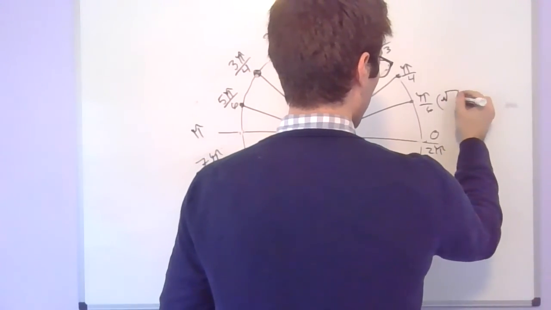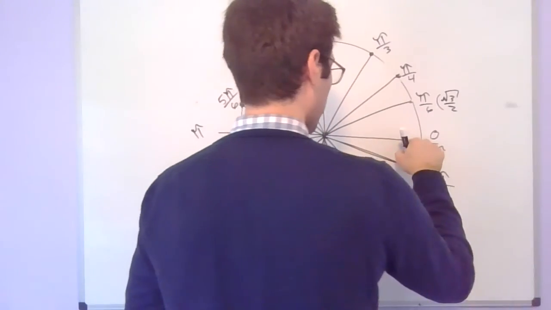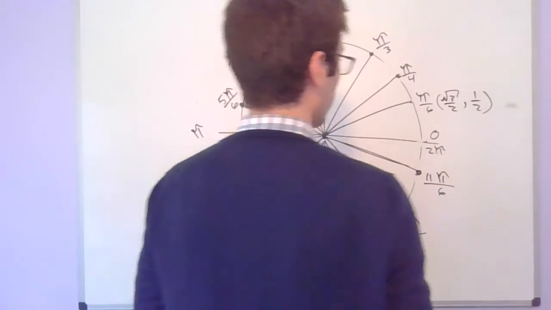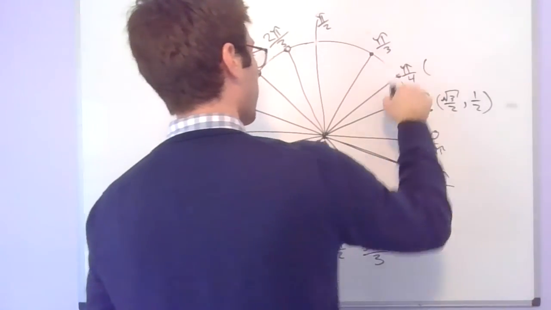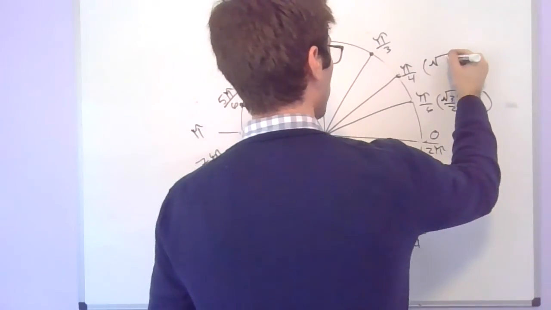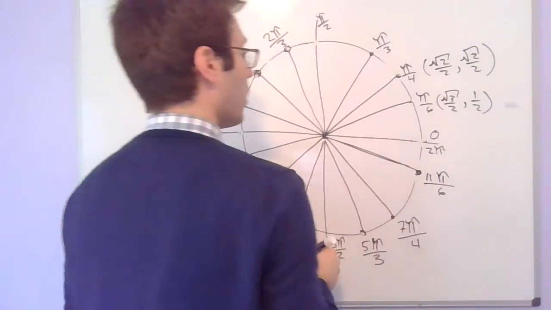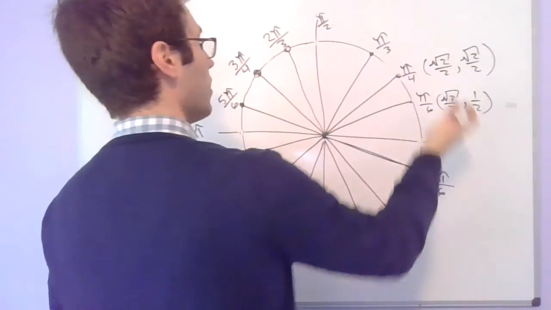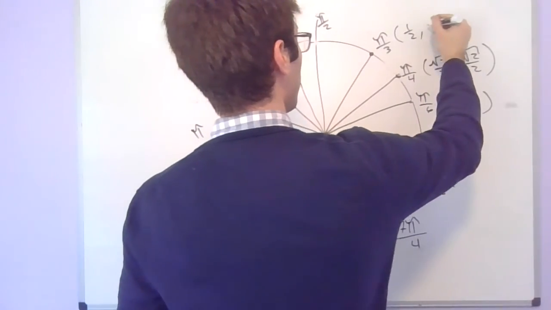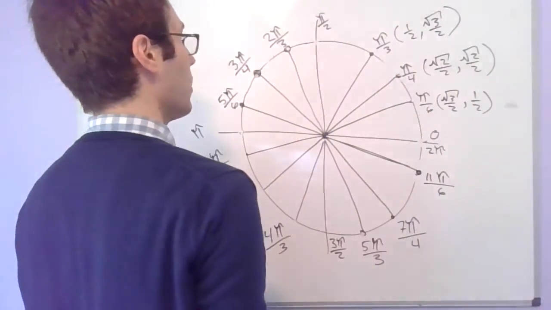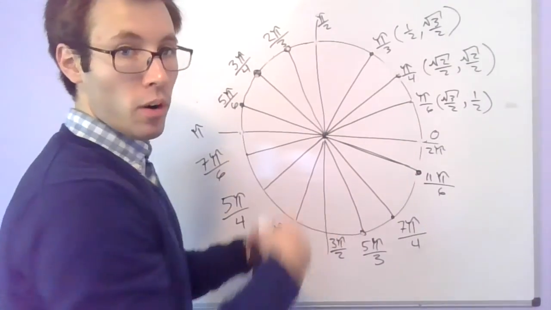This is going to be the longest side because this is the longest x value. So it's square root 3 over 2. It's going to be a half. These are the same. So it's square root 2 over 2, square root 2 over 2 up top. This can't be repeated, so this must be 1/2, square root 3 over 2. They flip right there. And then you just keep going around this way.